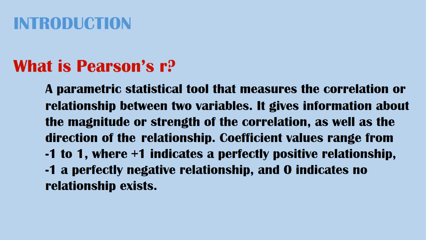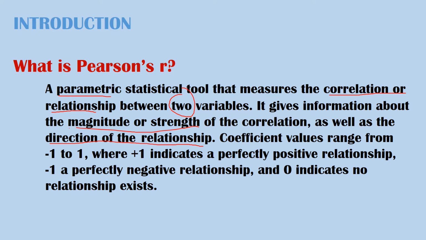To start with, what is Pearson's R? Pearson's R is a parametric statistical tool that measures the correlation or relationship between two variables. It gives us information about, one, the magnitude or strength of the correlation, whether small, medium, or large, as well as the direction of the relationship or correlation, whether positively correlated or negatively correlated.